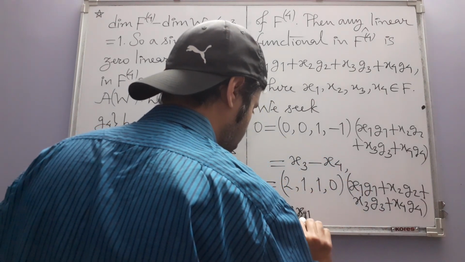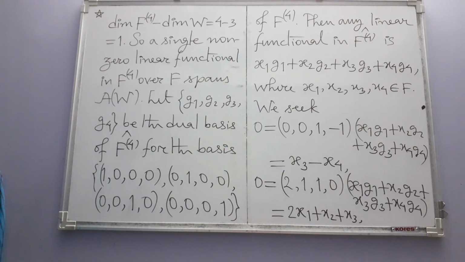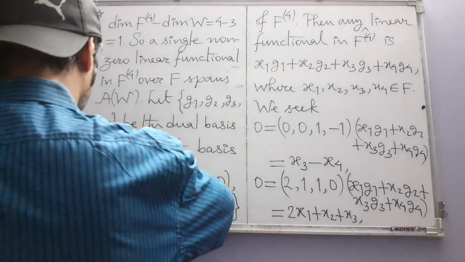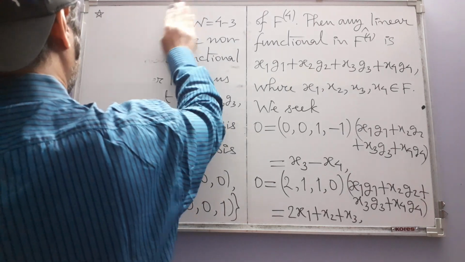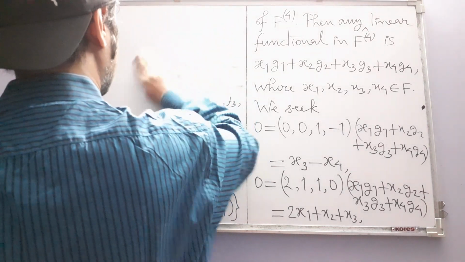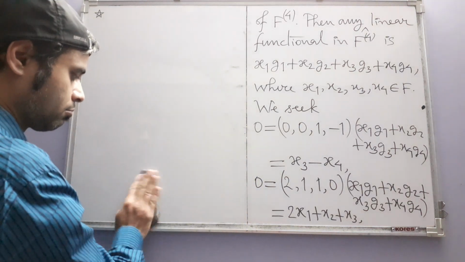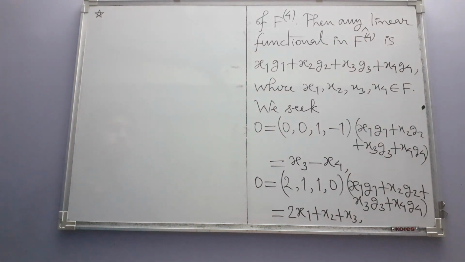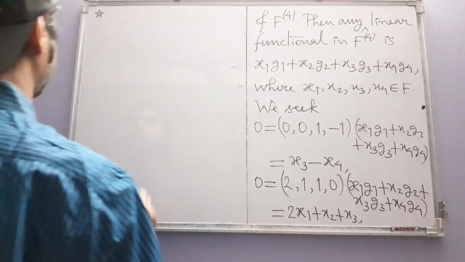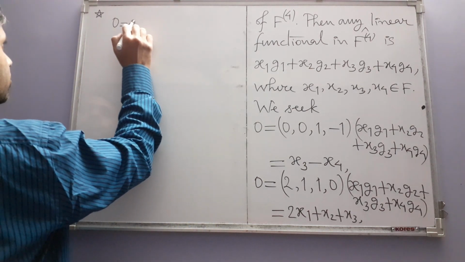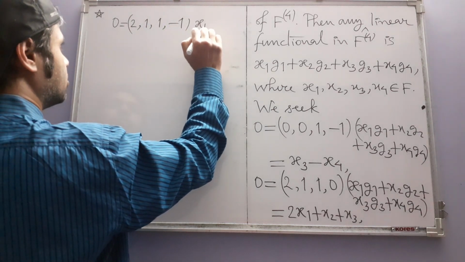And this becomes 2x1 plus x2 plus x3, and we will get one more equation. And that one, the vector is 2, 1, 1, minus 1. Oh, so we do not have any zero component here.